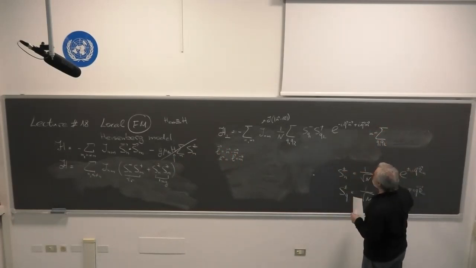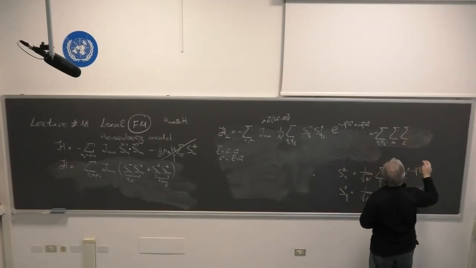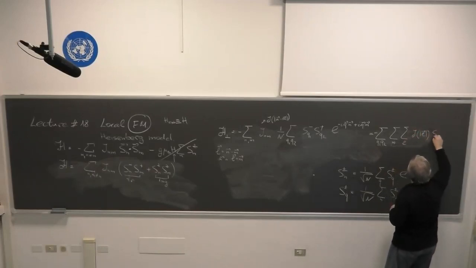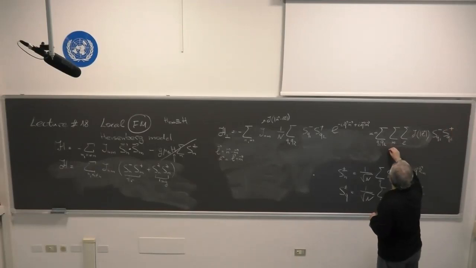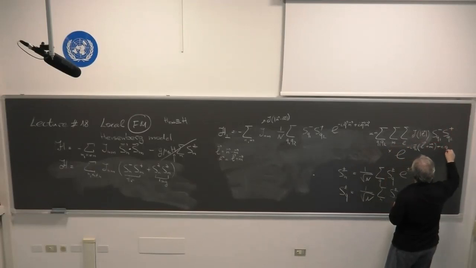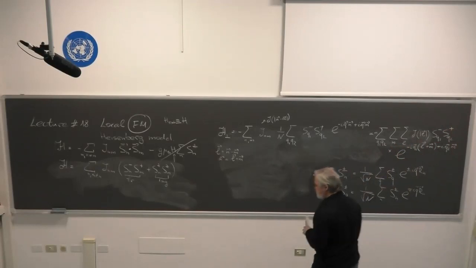I have a sum over m, a sum over L, and I have G, which depends on the modulus of L, S_{q1}^- S_{q2}^+, times the exponent to the power -iq1 (L + m) + iq2 m. Okay, so in this exponent, I don't need the Fourier transform anymore.